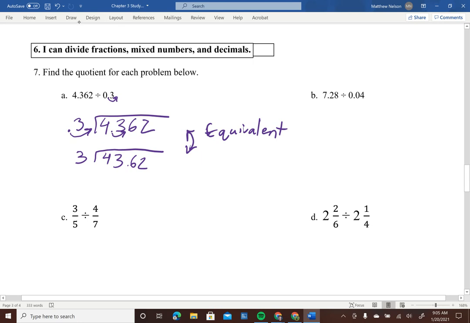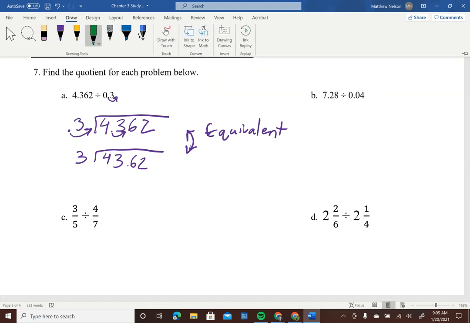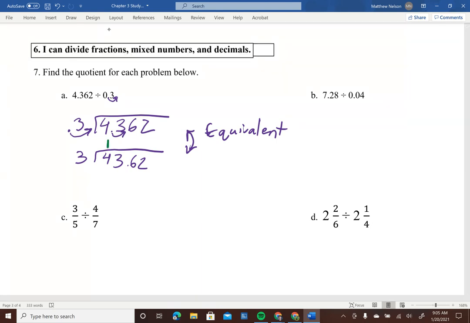So let's go ahead and solve this. 3 goes into 4 one time. 1 times 3 is 3. Subtract. It's going to give us 1. Bring down our 3. 3 goes into 13 4 times. Multiply it by 3, we get 12. Subtract it. We have 1 left over.